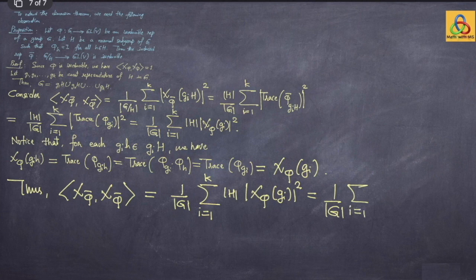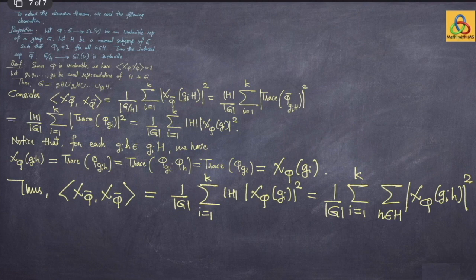So therefore I can write the inner product of chi phi bar with itself as 1 by order of the group G, summation i from 1 to k, and now this order of H times that expression I replace as summation little h in H and chi phi of gi little h mod square.